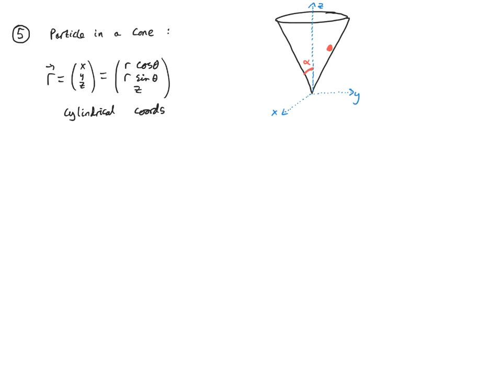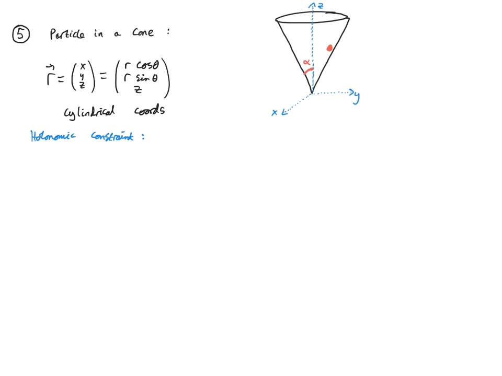So we have one particle in 3 dimensions, which requires 3 coordinates to specify its position. However, we have one holonomic constraint, and that is the fact that the particle is confined to the surface of the cone. How do we define that?